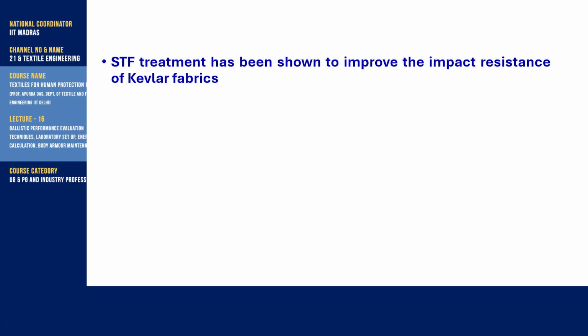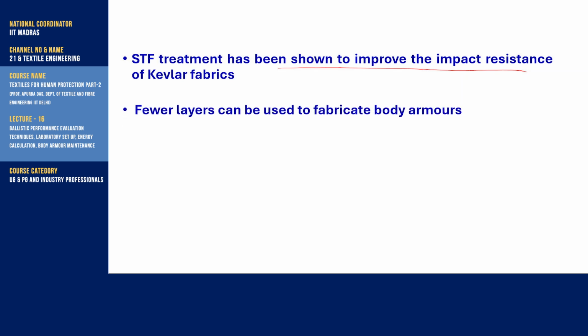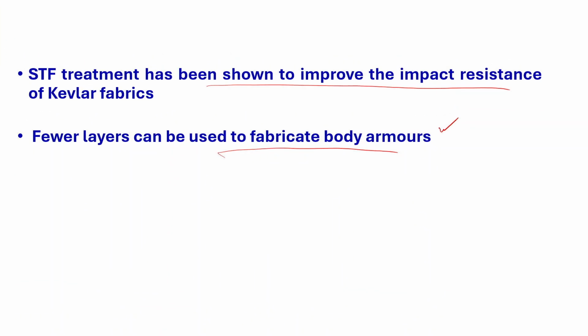So, STF treatment has been shown to improve the impact resistance of Kevlar fabric, and fewer layers can be used to fabricate the body armor. If you can reduce the number of layers, that means you are reducing the bulk of the material.